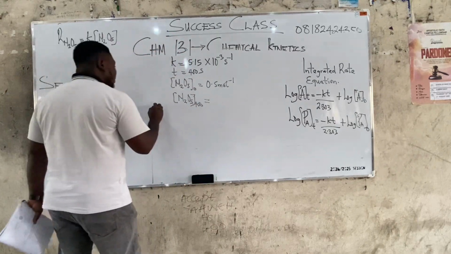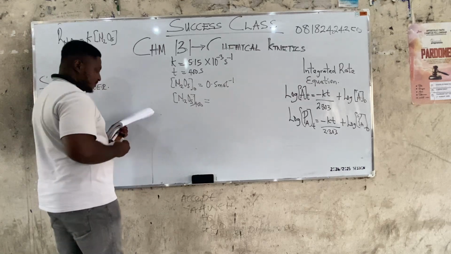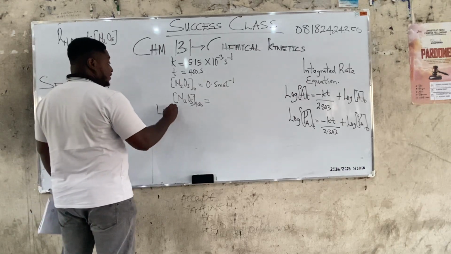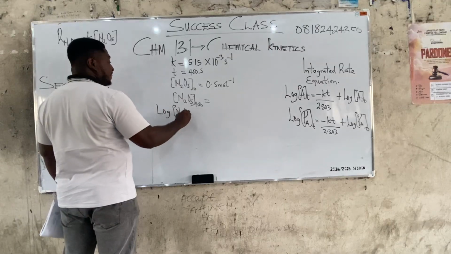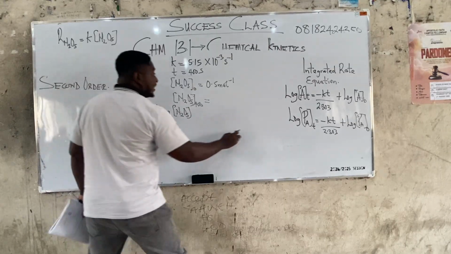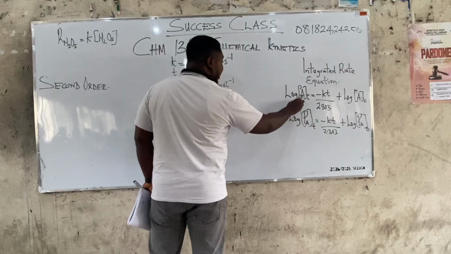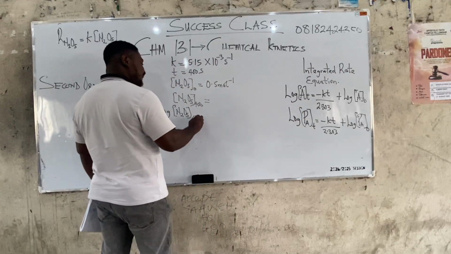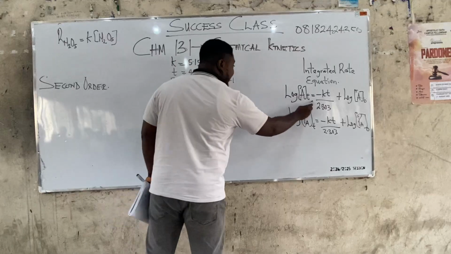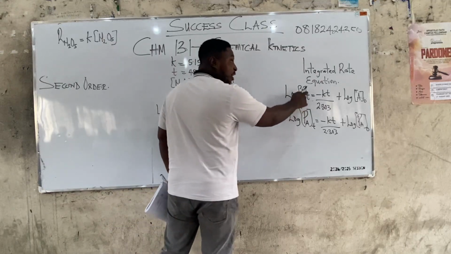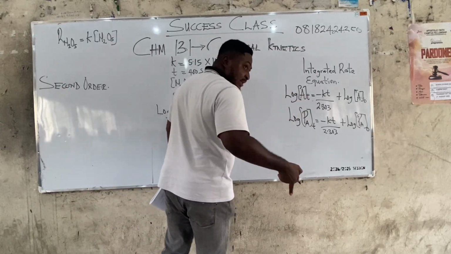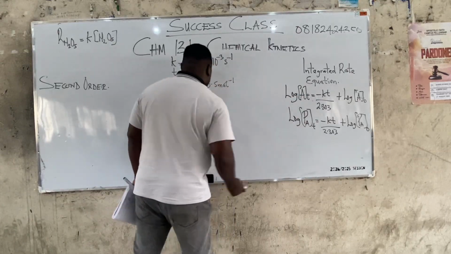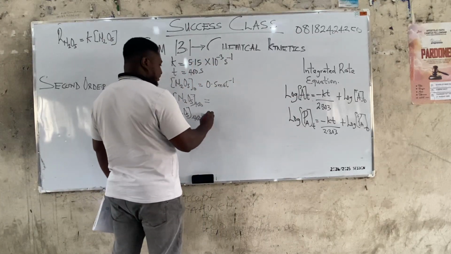So we're going to say log of N2O5 at time t equals minus K t divided by 2, plus log A naught. A should be the reactant you're dealing with at that point, so it is N2O5.